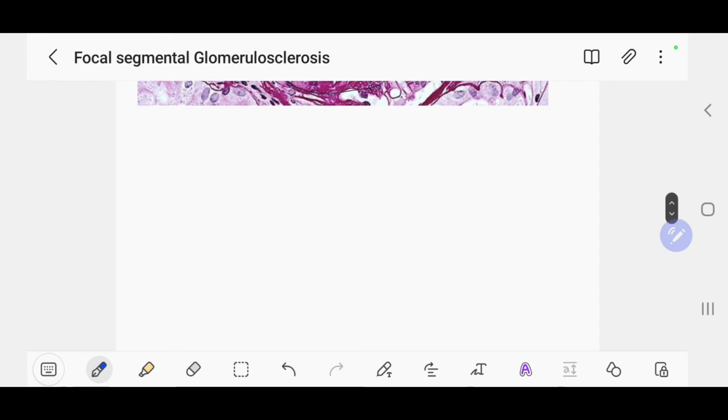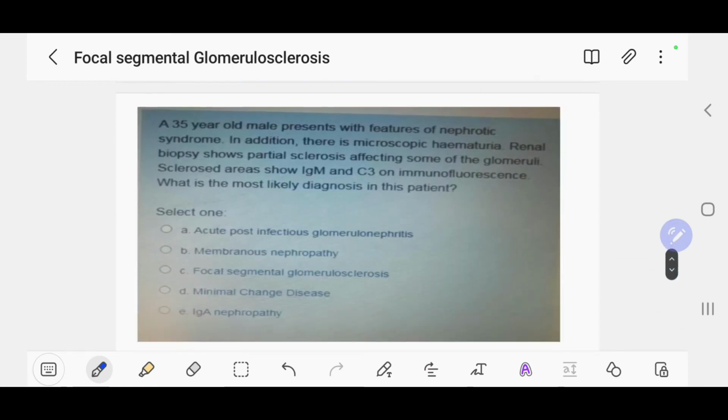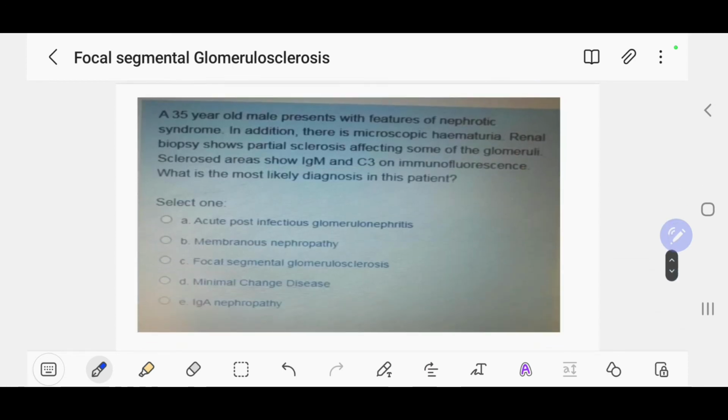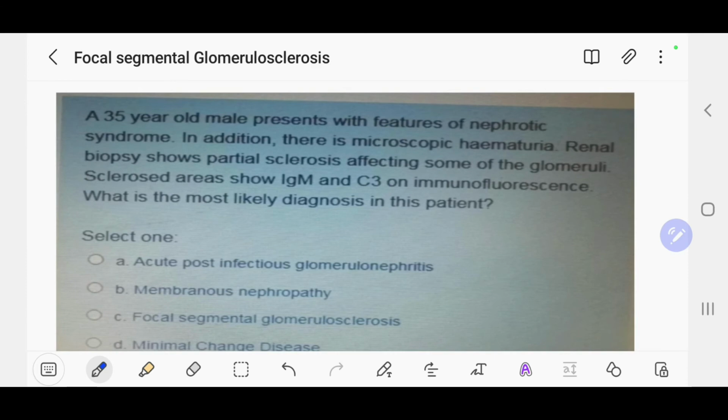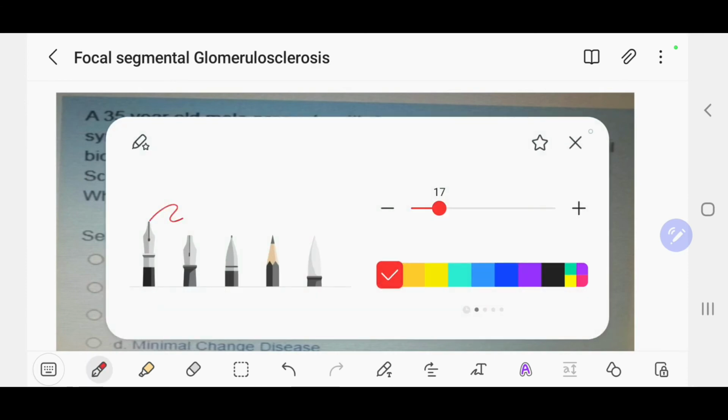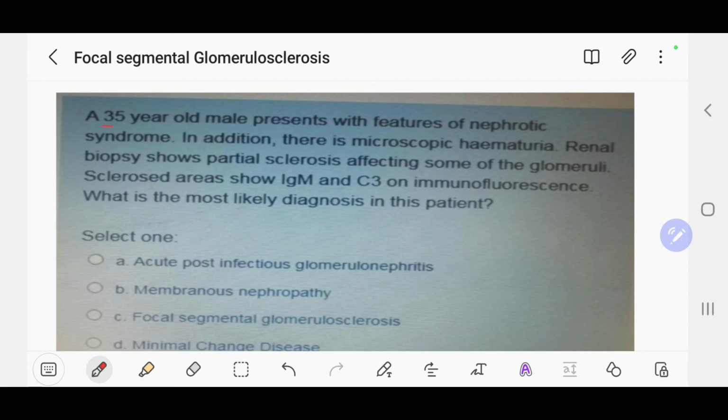Okay, now let's go through some MCQs. This is a 35-year-old male presenting with features of nephrotic syndrome. So they already said that the patient has nephrotic syndrome. In addition, there is microscopic hematuria.